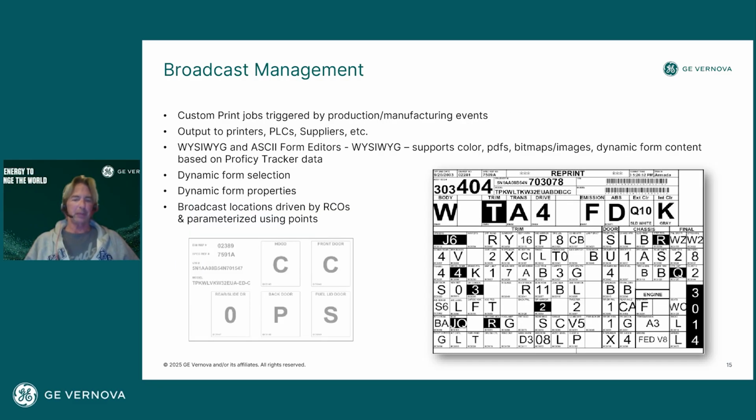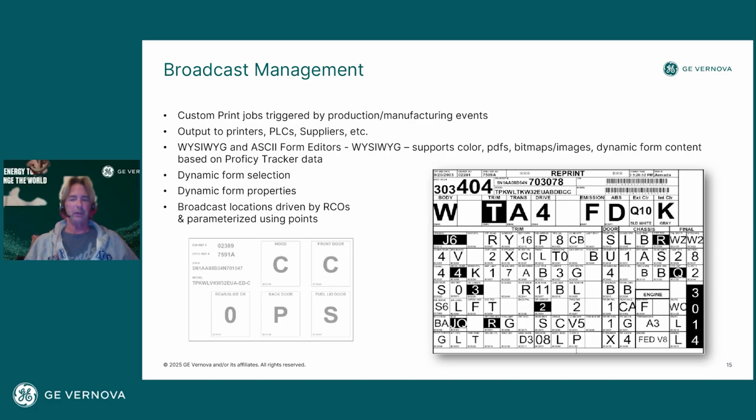I also wanted to touch on a capability we call broadcast management. Broadcast management is a set of services that allow you to, within a function and a trigger, be able to collect a lot of data about a particular item or about your process, and then disperse that data. One of the most common usages is to print some kind of build manifest or documentation for the product.